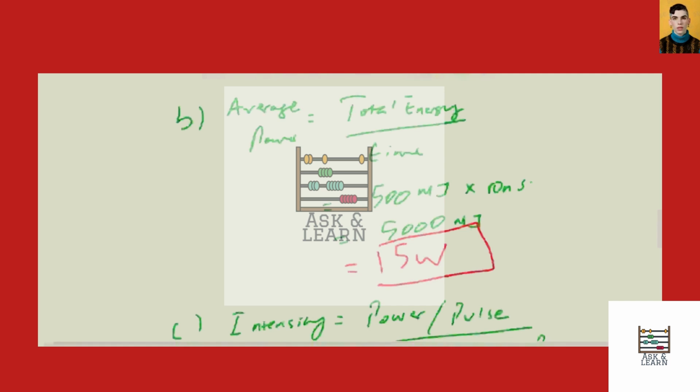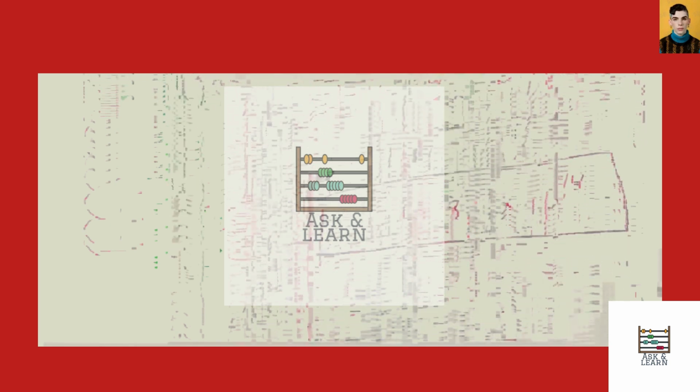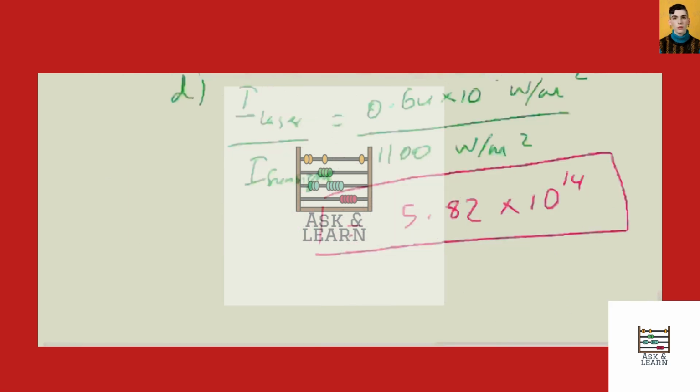The average power is total energy relative to the time. And then finally we have the intensity. We first of all find the intensity of the laser beam, which is the total peak power relative to the area. We need to use pi r squared to resolve the area, and then we get the intensity of the laser. And then finally we have 5.82 times 10 to the 14, which is the ratio that we're looking at.